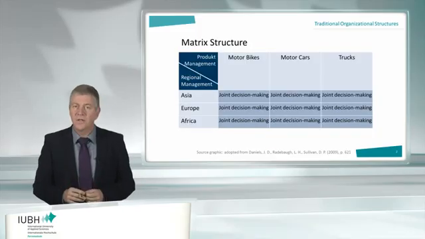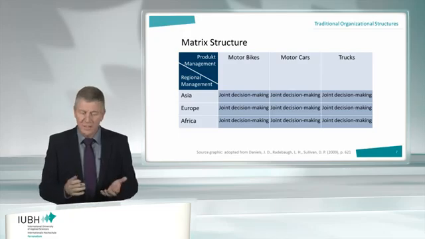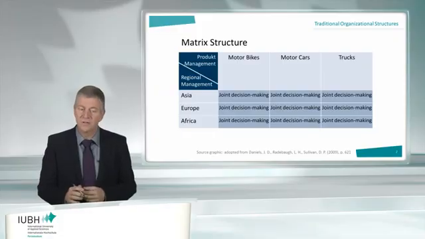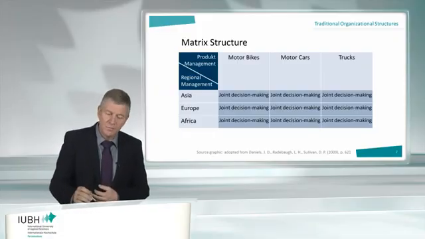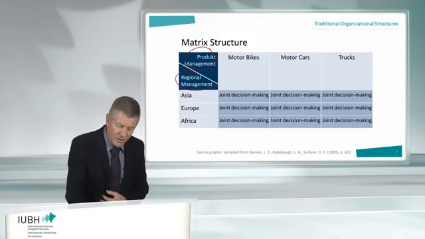The third traditional organizational structure is the matrix structure. And you might have seen already that in another subject, for example, in organizational studies. This structure is marked by two management levels, product management and regional management.